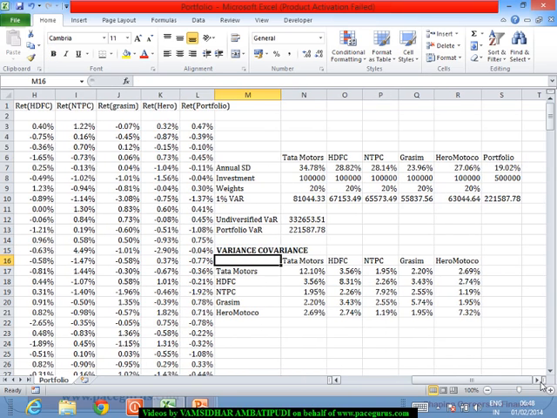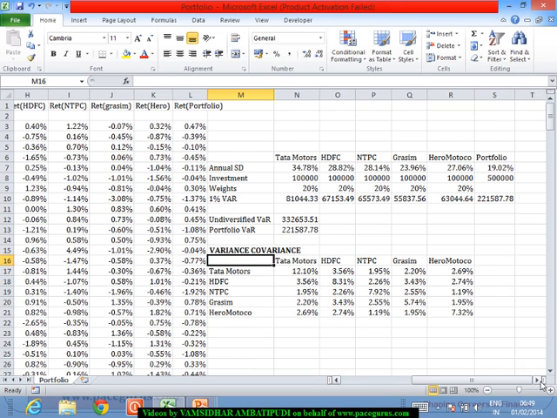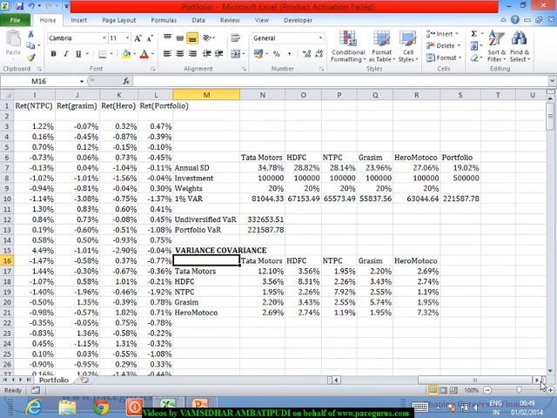Now, using this, I can very well find out the portfolio VAR or the portfolio variance. First of all, before I get into the portfolio VAR computation, I can find out the portfolio variance by taking this matrix which has W1 sigma 1 kind of stuff.